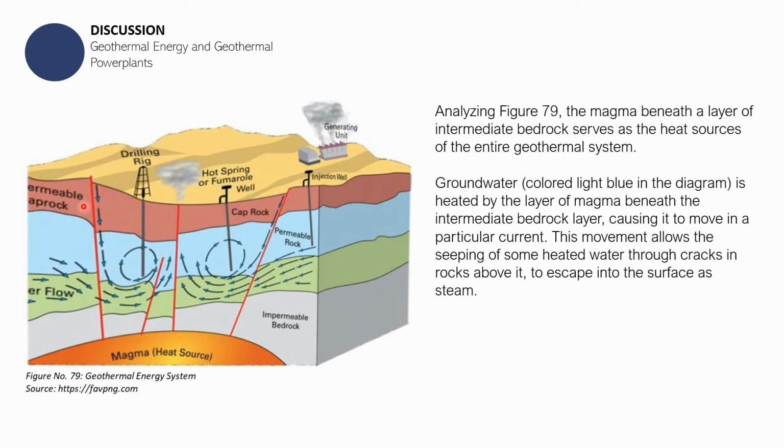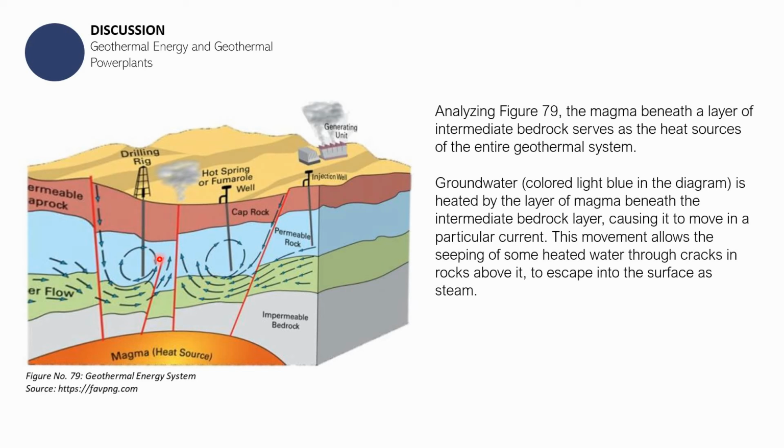So, yung groundwater right here is being heated by the hot intermediate impermeable bedrock, and then itong flow ng current is being formed because of that. Again, merong init dito. Since meron tubig dito, magpo-form siya ng current. Init, tubig, magkakaroon ng current.